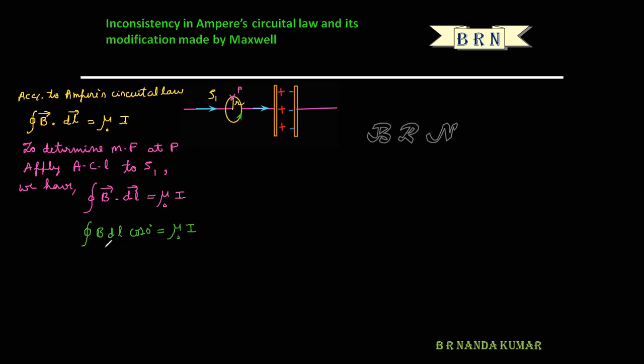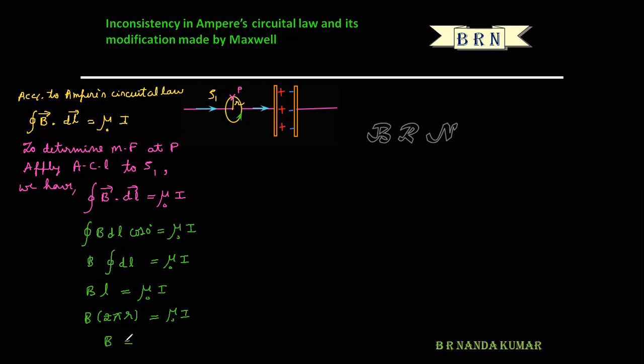So that is why B is just taken outside. B integration of dl cos 0, which is 1, is equal to mu naught I. So B integration of dl is L, that is equal to mu naught I. L is the total length of the loop, which is 2 pi r, where r is the radius.